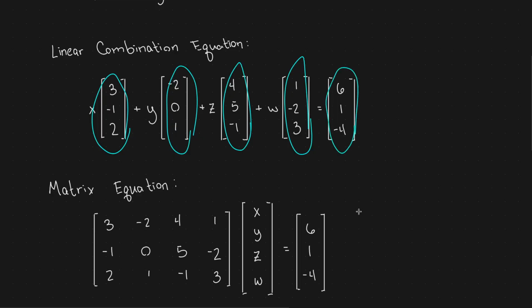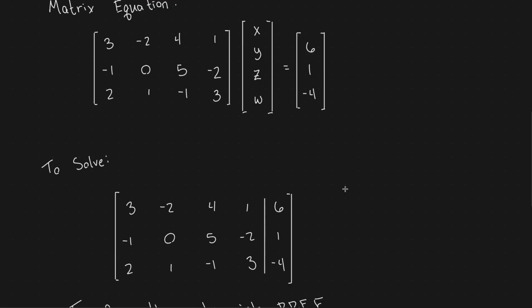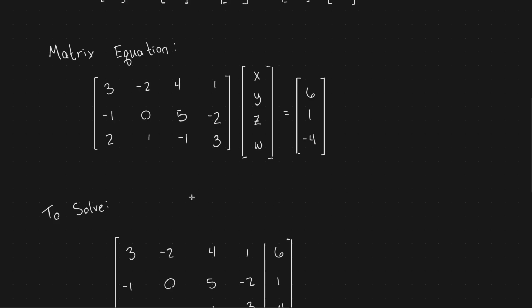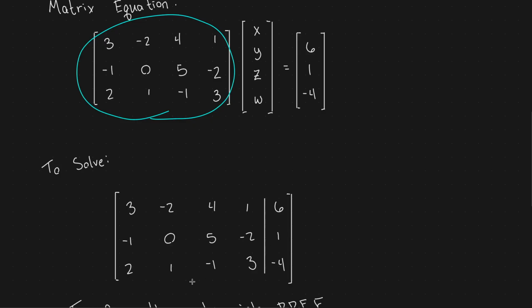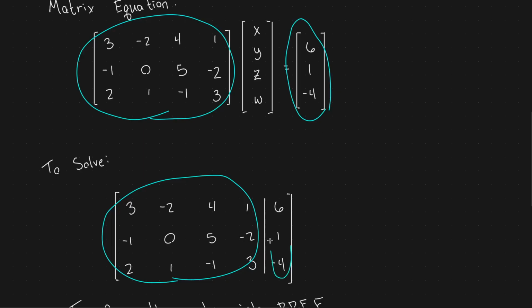And the vector on the other side of the equal sign is the augmented part of the matrix. Okay? And similarly for the matrix equation, the coefficient matrix is here. And on the other side, we have the augmented part of our augmented matrix.